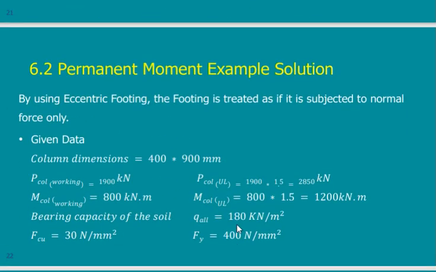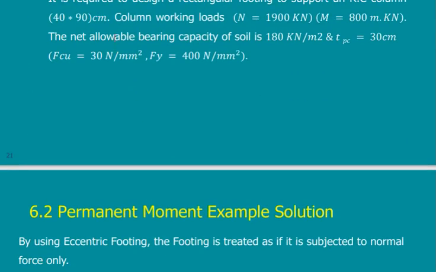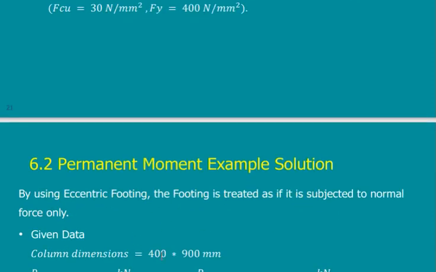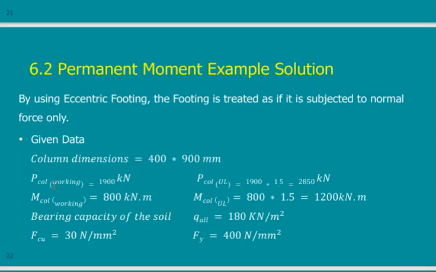The first thing I will do is take the column dimensions, which are also given here. As a reminder, in Egypt we have two codes: the geotechnical code and the RC code. The geotechnical code uses the working loads, the RC code uses the ultimate load.